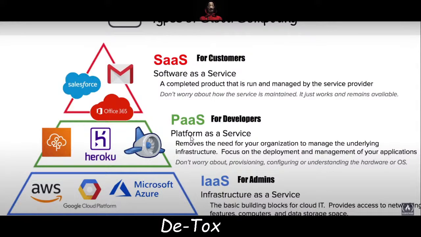And then if we talk about IaaS, that is infrastructure as a service, then these are the very basic building blocks of IT. Here we have AWS, Google Cloud Platform, and Microsoft Azure, which help us provide all those infrastructure building blocks, like compute.